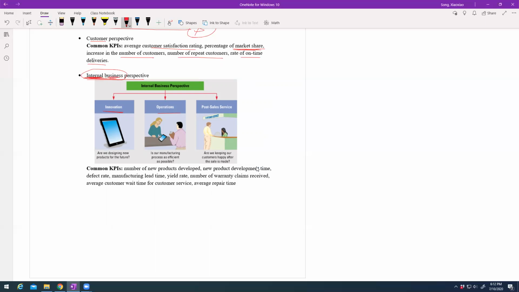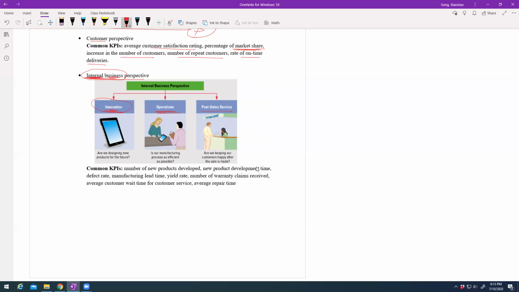Those are the internal business. Before the operation you have innovation, then during the operation, and then after the sales. All three parts are internal business.